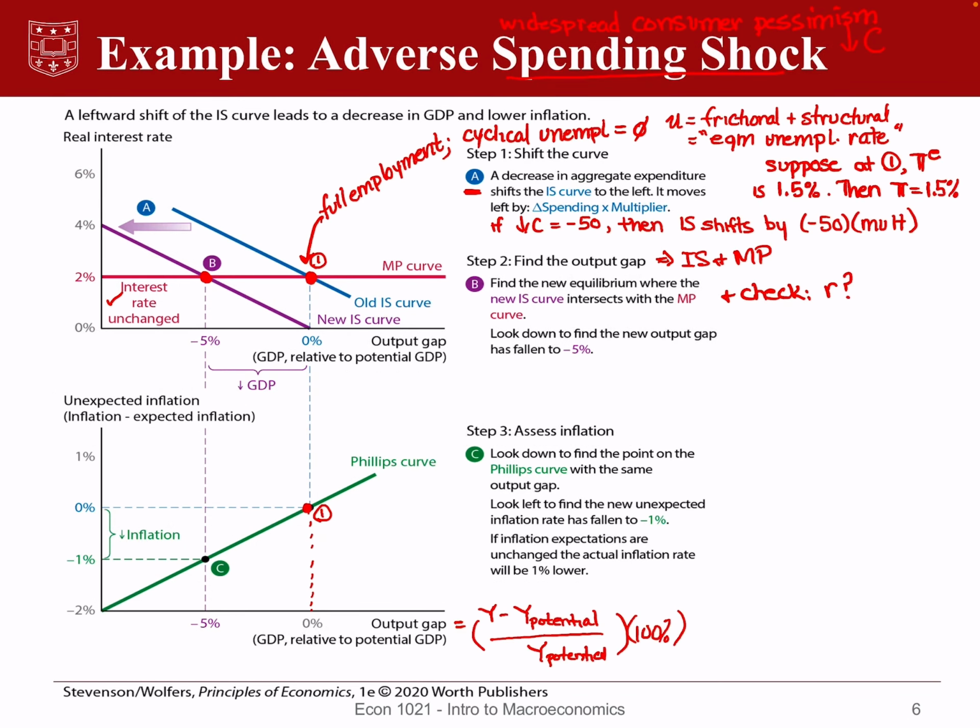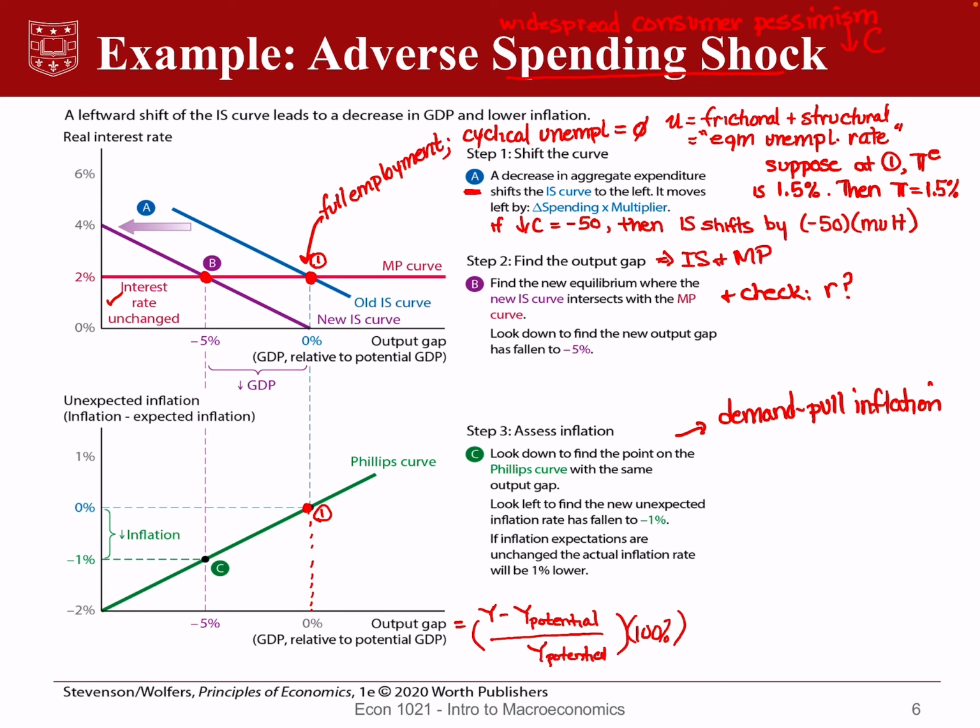So this is an example of demand pull inflation. So we have unexpectedly weak demand, because consumption is falling. And so firms are responding by both cutting production and reducing prices. And so that results in unexpected inflation, which in this case is negative.